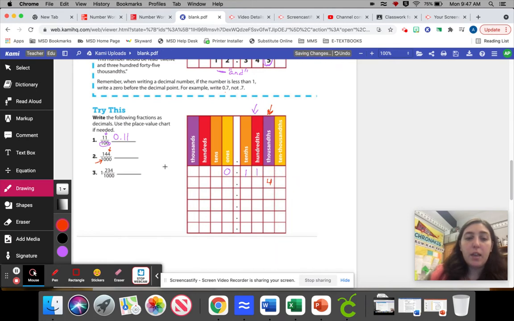And then I know that I have 144, so I can fill this in, 144. The 4 ends in the thousandths, that's why we write 144 thousandths. Okay, and don't forget your 0 to tell you that there is no whole number, so 0.144.